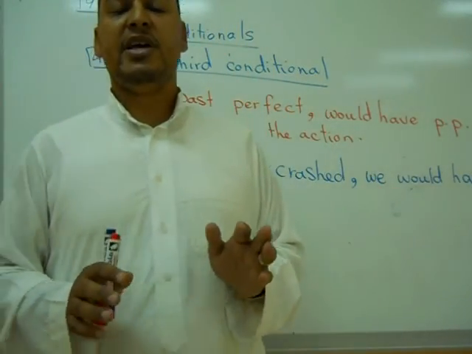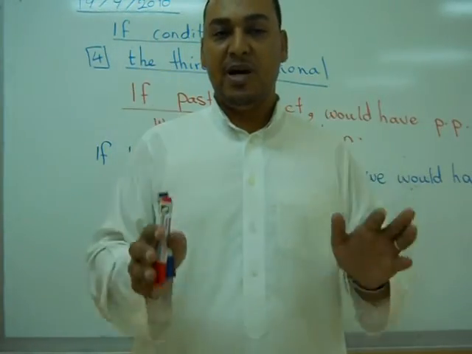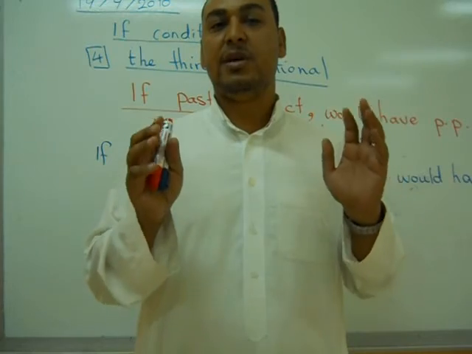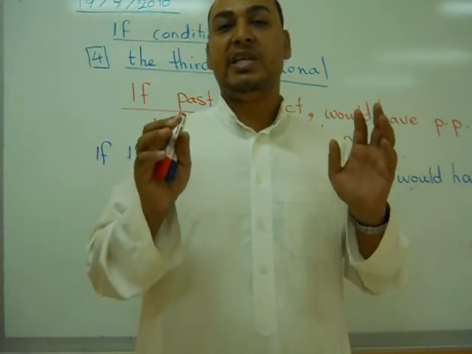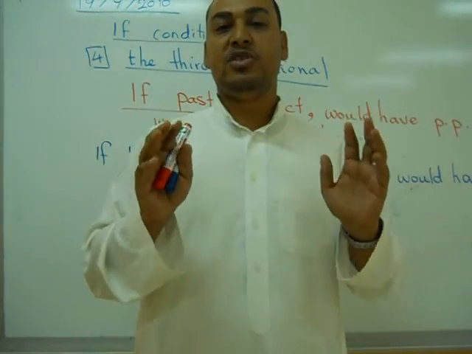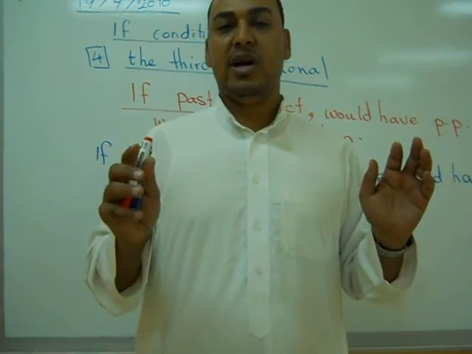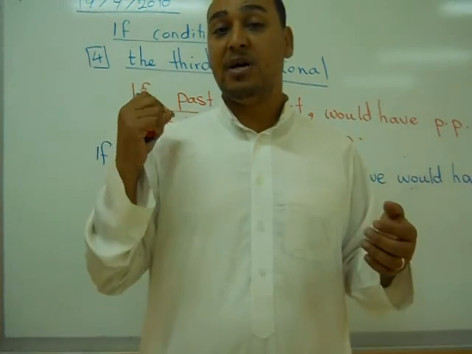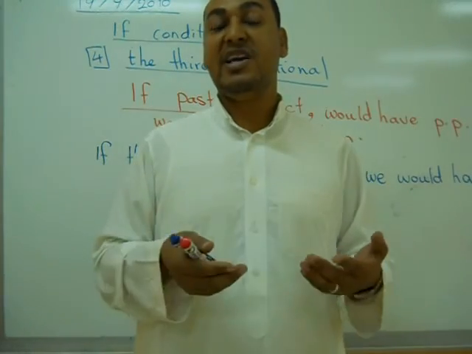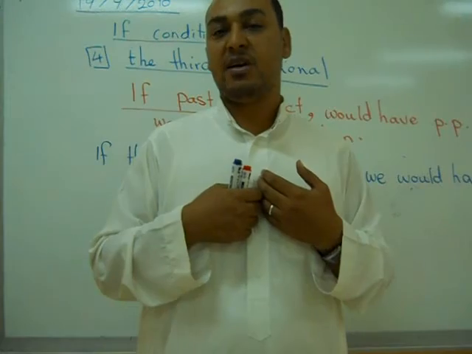Number 3 is the second conditional, which consists of past simple and would, the past of the word will. So it expresses impossible actions. When I say, for example, if I had money in the past, I would buy a car, but I didn't have any money, so I didn't have a car now.